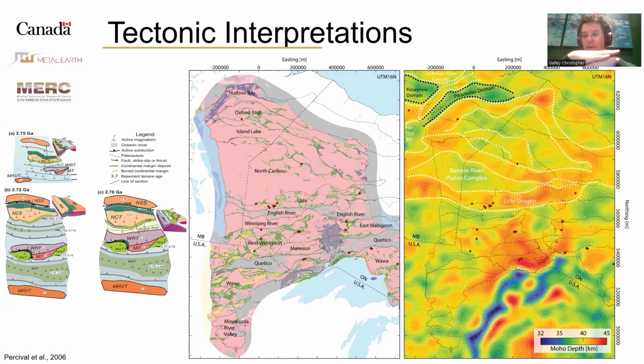You would have had local thickening of the crust, which you now see as deepening of the Moho. You're able to see those extend, as well as these Archean features extending below the cover to the west. So we're able to see these things below thick cover.